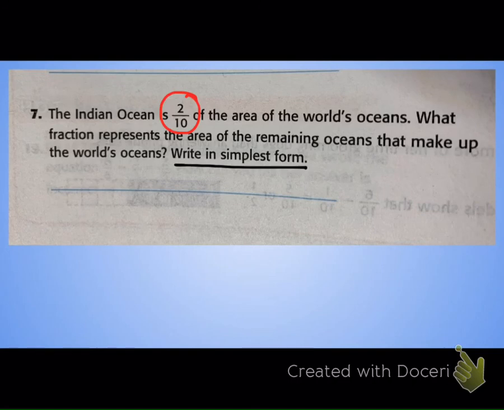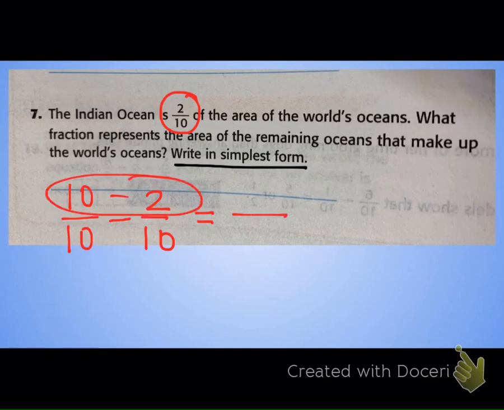So what we're going to be doing is taking this 2/10 and subtracting it from all of the oceans, which would be 1 or 10/10. So when we subtract this, again, we're subtracting our numerators. 10 minus 2 is equal to 8.